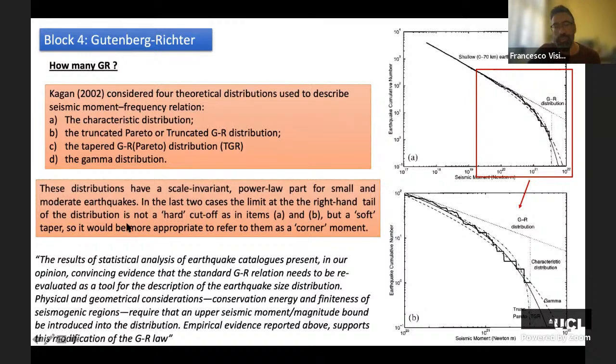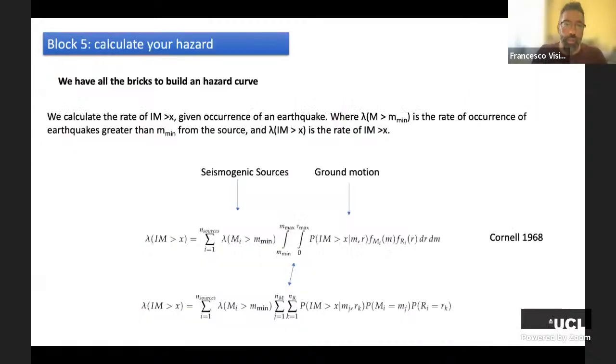We have the truncated Gutenberg-Richter that always has a hard cutoff but tends to it with tapering. Or we can have a tapered Gutenberg-Richter or a gamma distribution that basically has no upper bound, so they can take all magnitude values. I think this is an interesting topic to treat in a separate session.